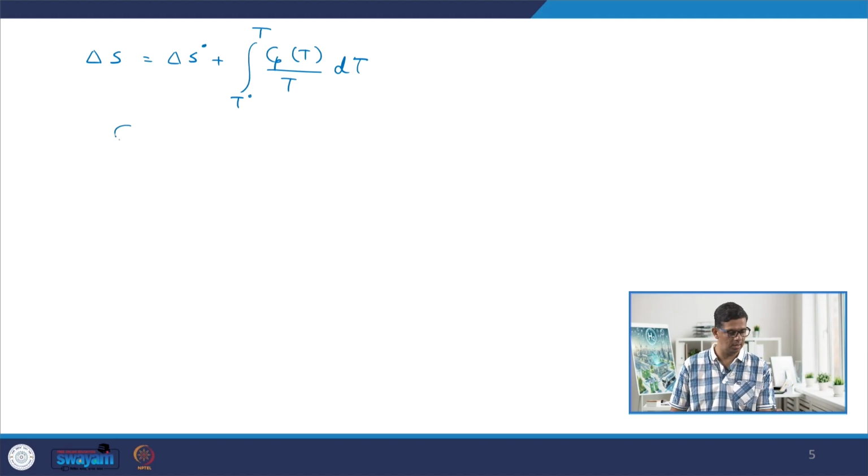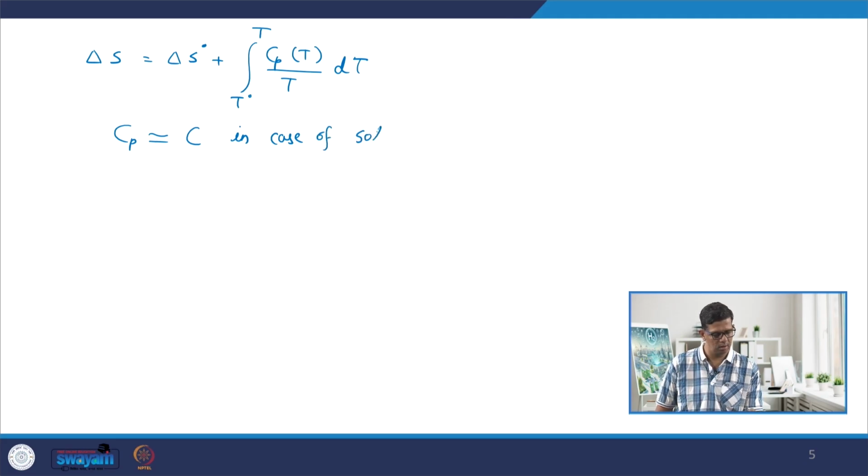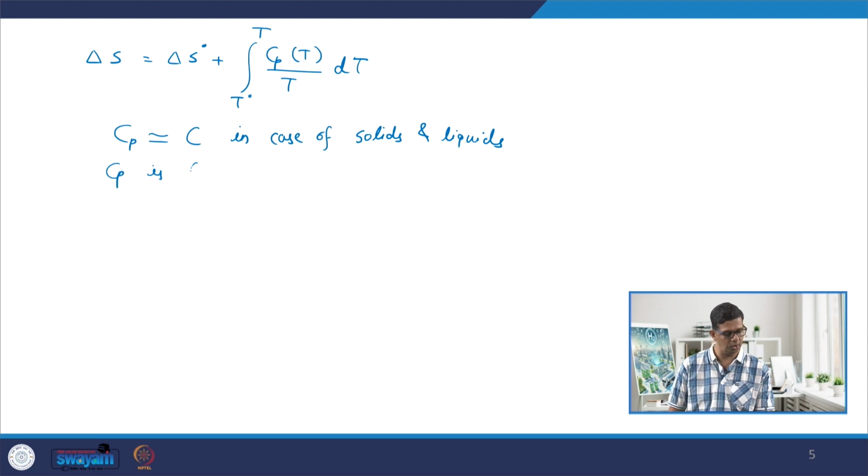So, Cp is almost constant in the case of solids and liquids. However, the Cp is highly a function of this operating temperature, or temperature in general.